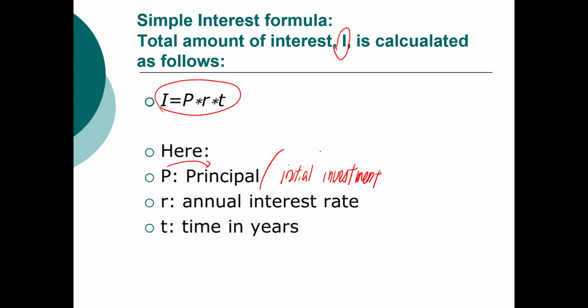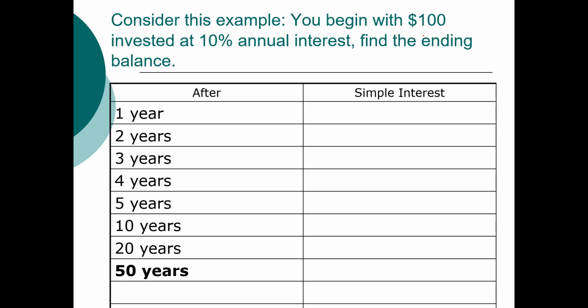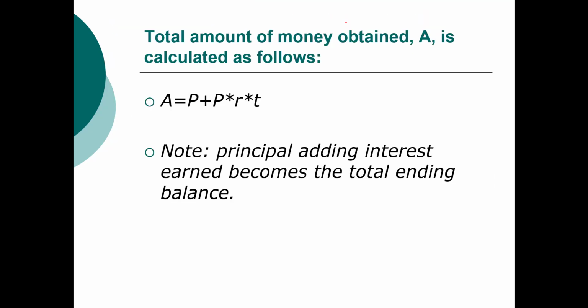And then the next formula is for the total amount of money obtained, the ending balance A. The ending balance A is calculated using the following formula: A equals principal plus principal times interest rate times time.